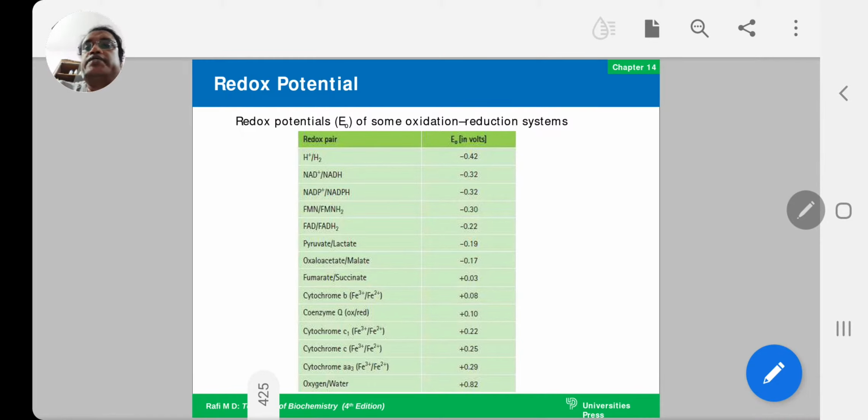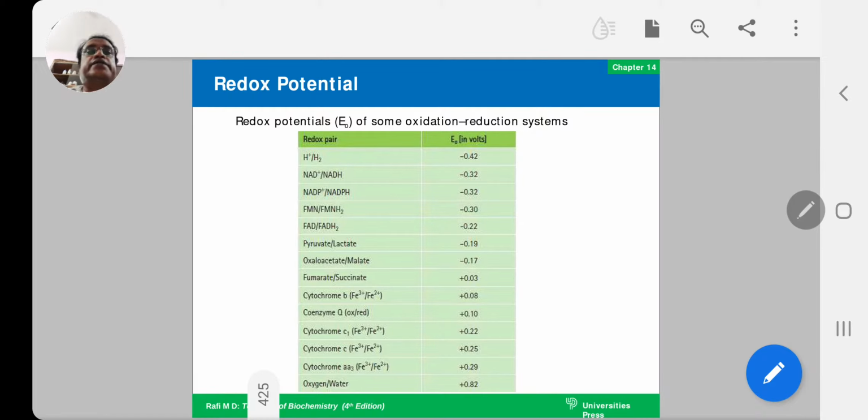When a substance has lesser affinity for electrons than hydrogen, it is said to have a negative redox potential. On the other hand, if a substance has more affinity for electrons than hydrogen, it is said to have positive redox potential.